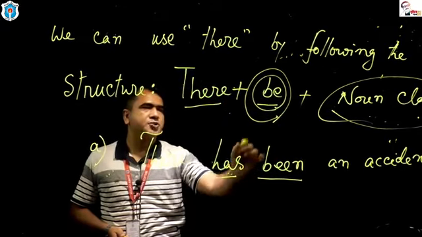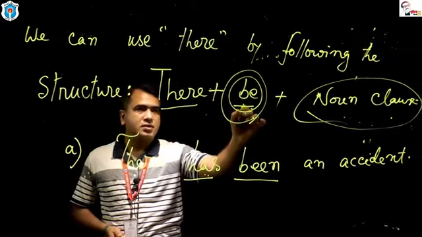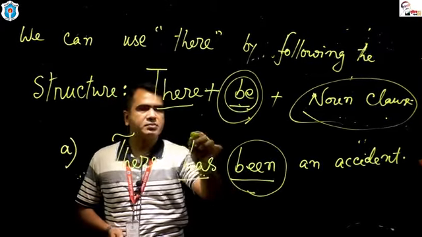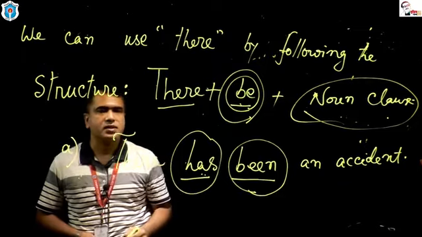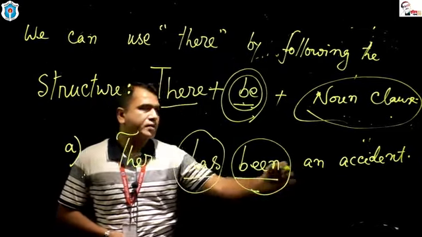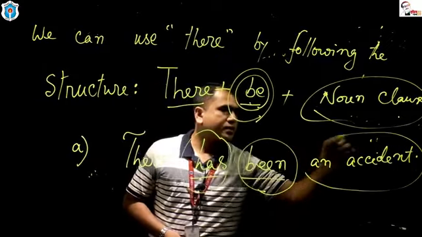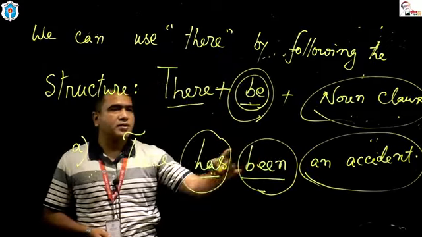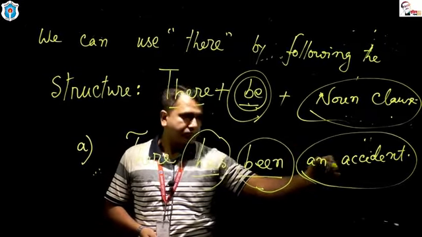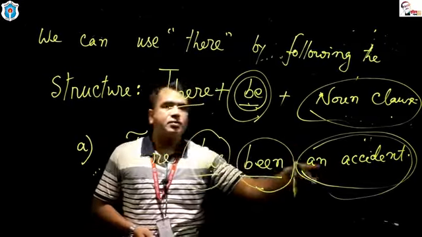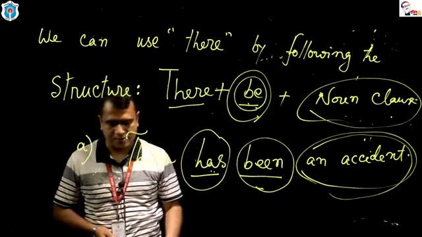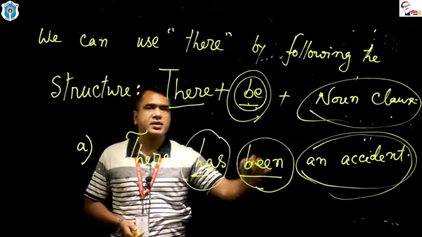There has been. The third form of be is been. We have used here has as the present perfect tense. There has been an accident. So after that, we have followed the noun phrase an accident. There has been an accident, or there was an accident.